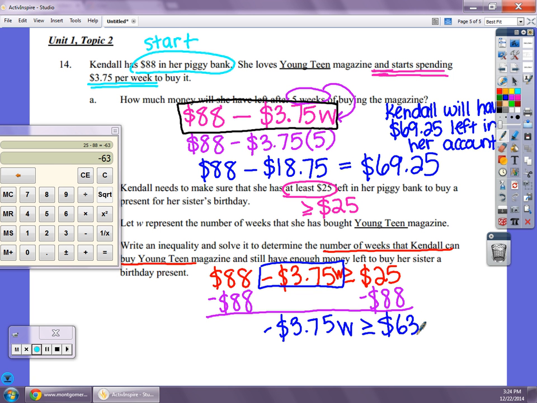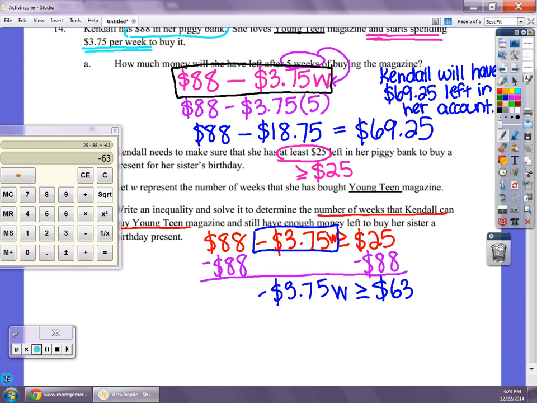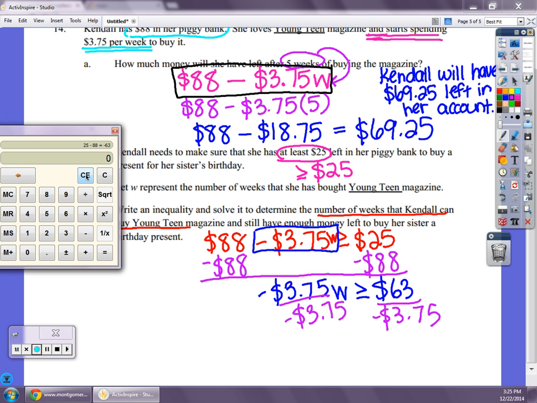So we're at a one-step inequality. I have to get rid of that negative 3.75 using our division property of equality. So I'm going to divide by negative $3.75. And let's see what we're left with.